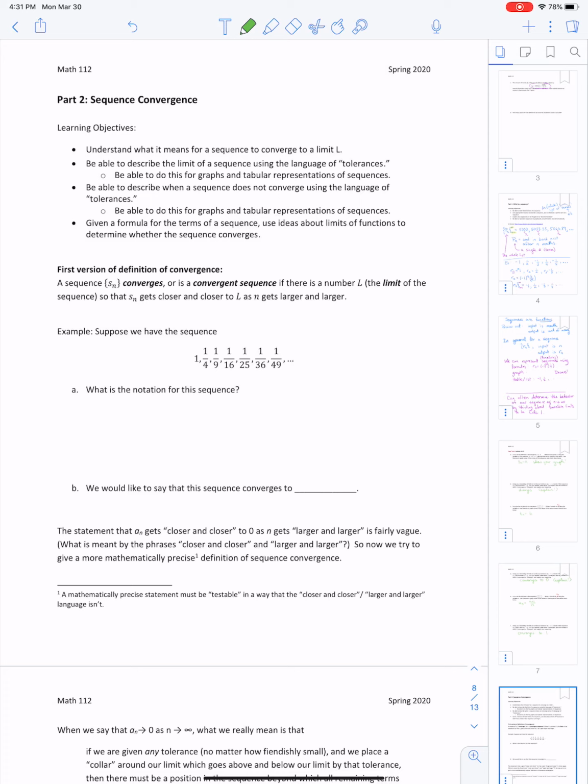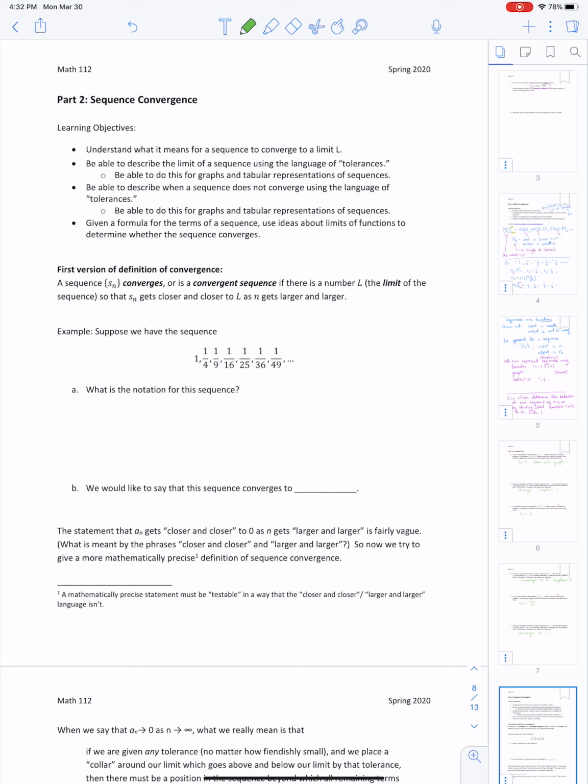But it's a good way of thinking about convergence, and it's very similar to how we think about the limit of a function of x, say, as x goes to infinity. We'll say that a sequence converges if there's some number, some limit L, so that the sequence terms get closer and closer to L as we go further and further in the sequence.